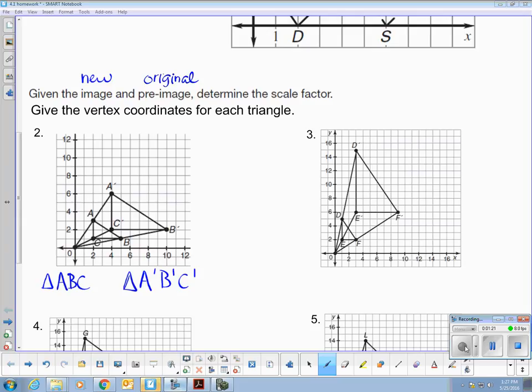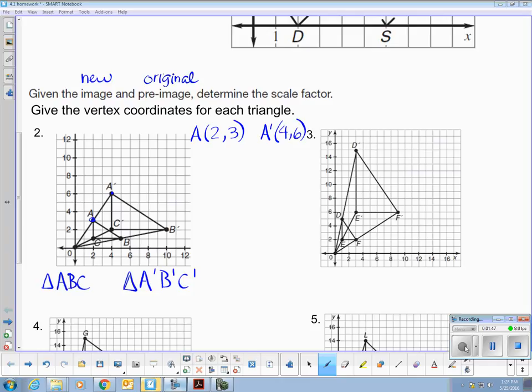So if I'm trying to determine the scale factor, I need to compare my original point A, which is 2, 3, with A prime. A prime is at 4, 6.